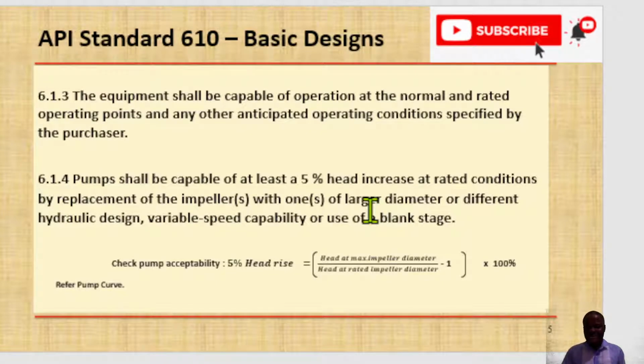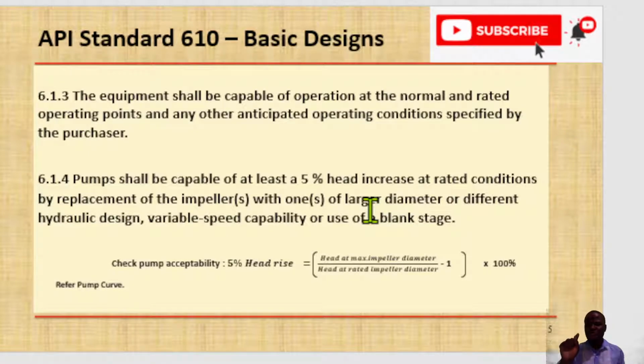Your mechanical data sheet is going to come with a pump curve. So one of the things you need to consider when you are carrying out a technical evaluation for a particular centrifugal pump is that your pump shall be capable of at least a 5% head increase.